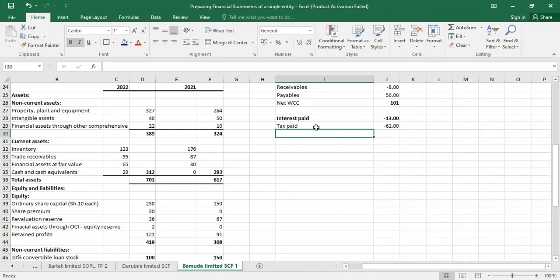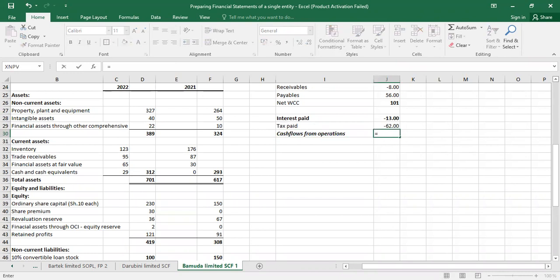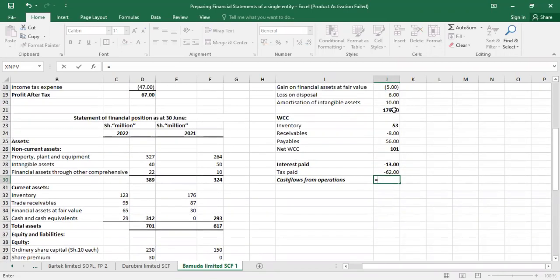So cash flows from operation would equal, then we will add the first bit plus the second one plus interest paid plus tax paid, control enter, control bold, at HBP.